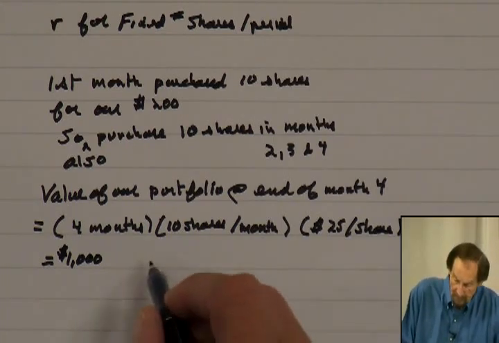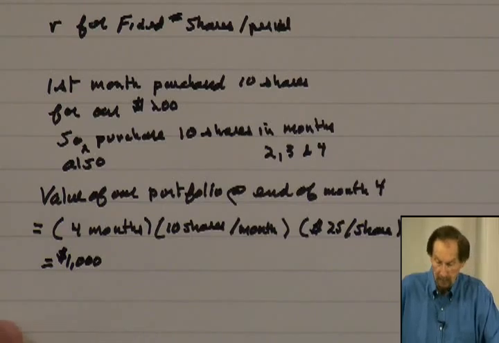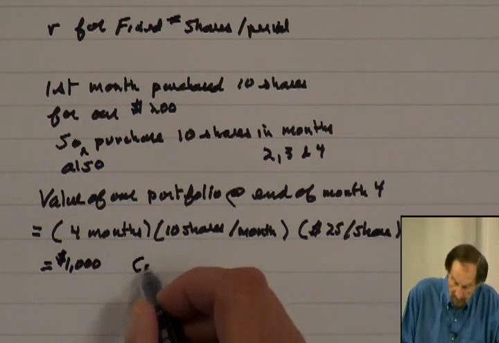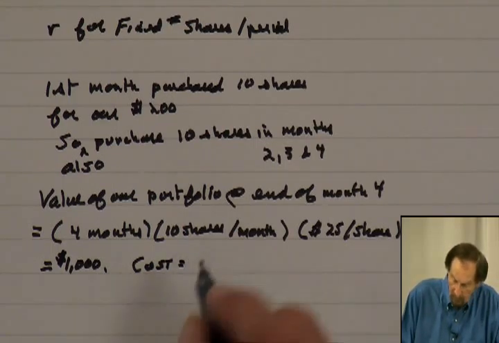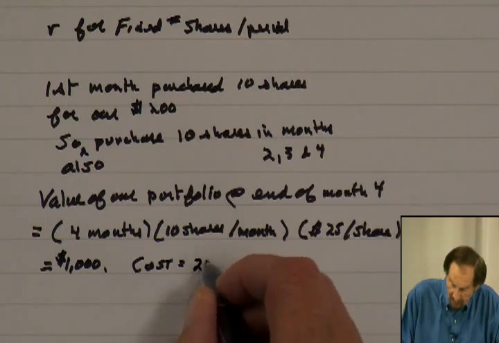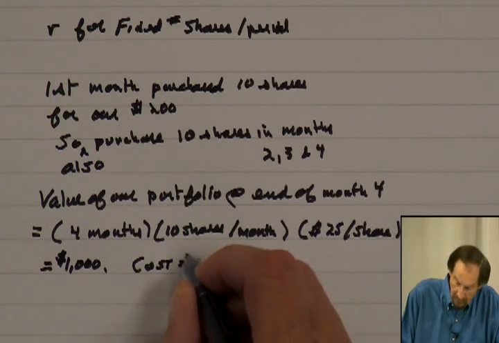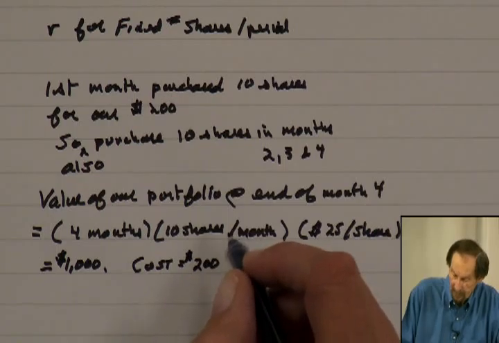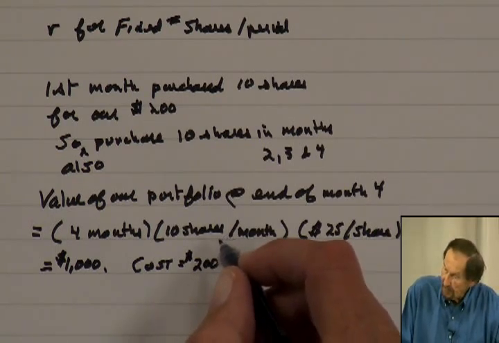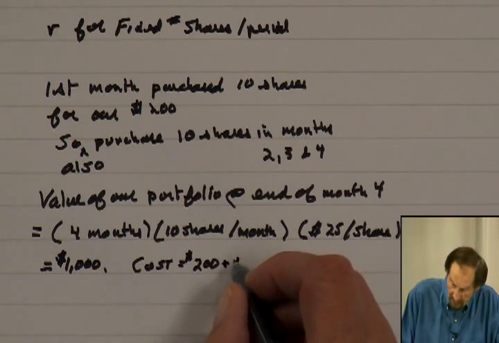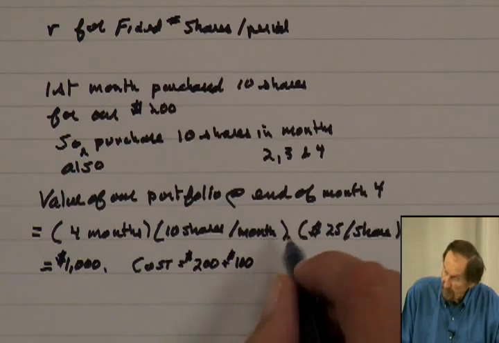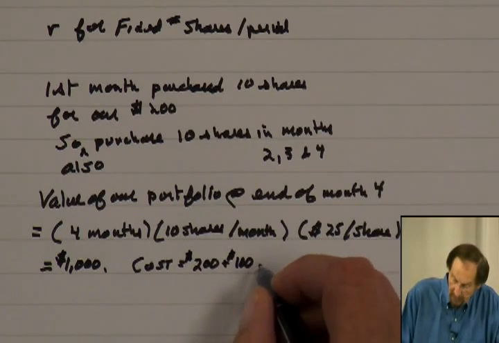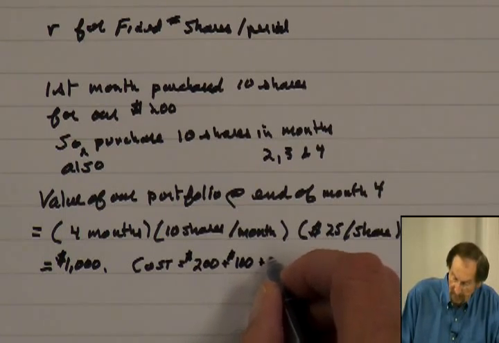And what's our cost? What's our cost? Cost equals, if we want to buy 10 shares a month, in the first month it costs us $200 because they're $20 a share. In the second month, it costs us $100 because they're only $10 per share. In the third month, it costs us $200 again because they're $20 a share.